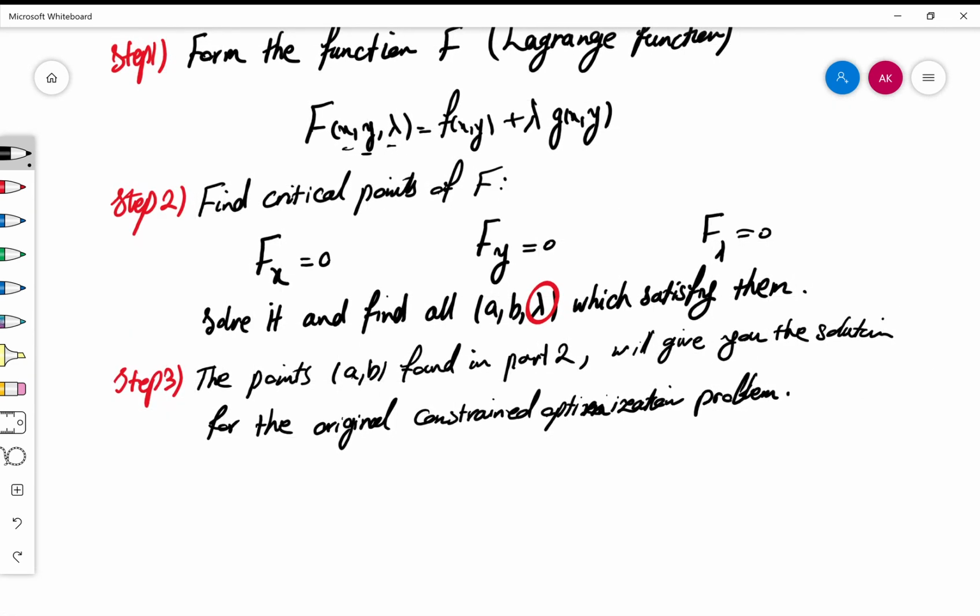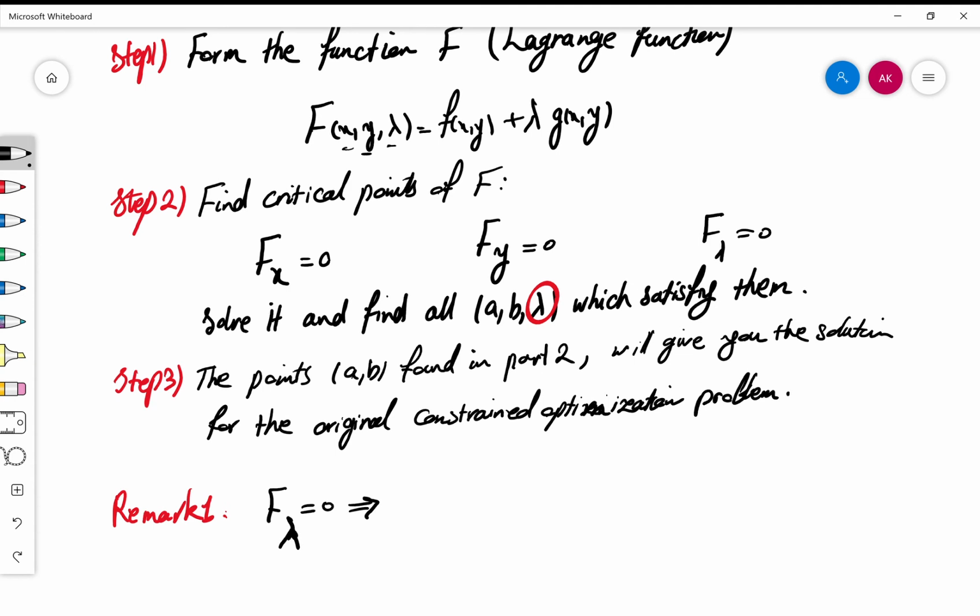Let me write a few remarks here. Remark 1: what is the derivative of the function with respect to lambda?